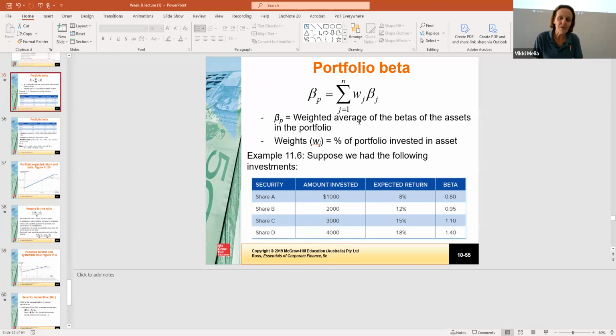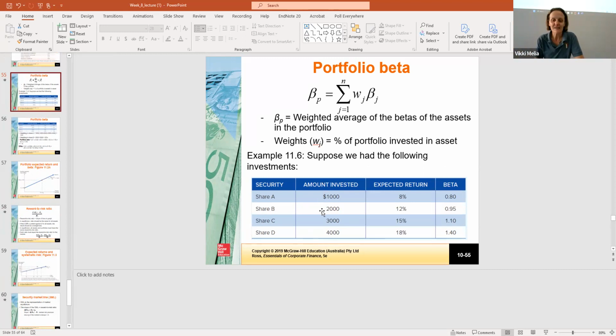I mentioned this before. If we have the beta for the individual assets in our portfolio, we can actually calculate the overall beta of our portfolio. So we can see how much systematic risk our portfolio of assets has relative to the overall market.